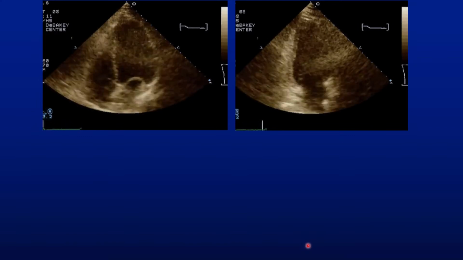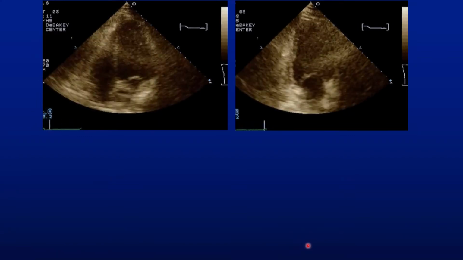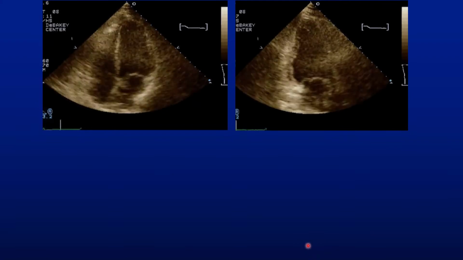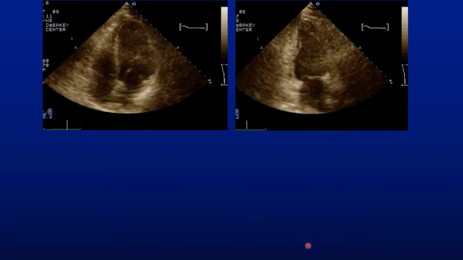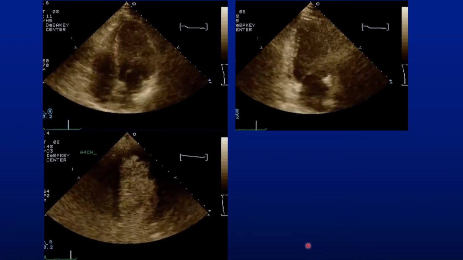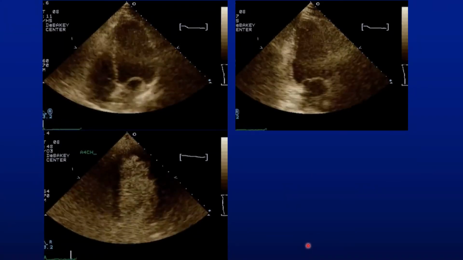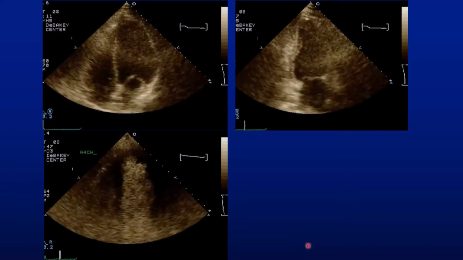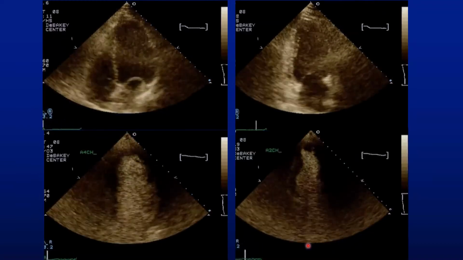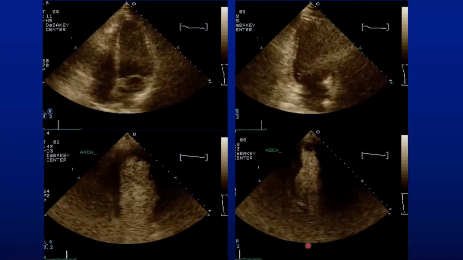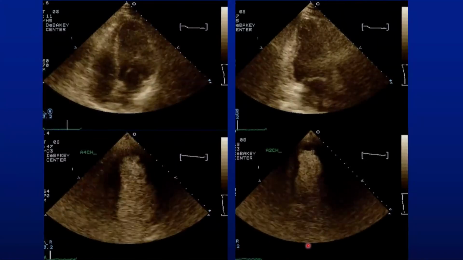All right. So we're going to use contrast, and you could say to yourself, why would I use contrast in this situation? That's the contrast. Your apex is indeed not normal, Dr. Toro. But guess what? There's a clot.